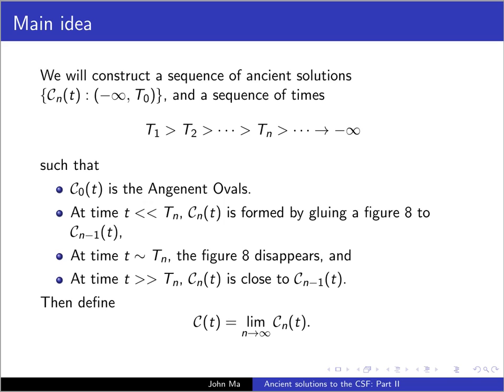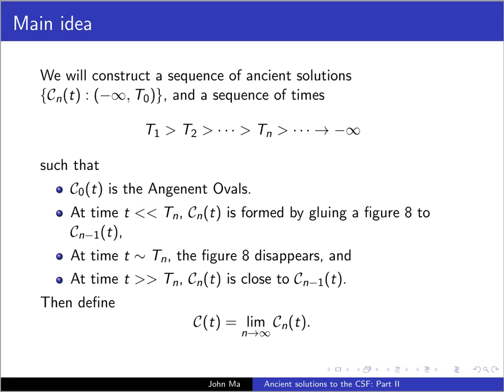And then at the time around capital Tn, that new figure 8 disappears, and we allow it to flow for another very long time, so that when t is much larger than capital Tn, then Cn of t is very close to Cn minus 1 of t. Once we have constructed this sequence of Ancient solutions, then we'll take the limit, and the Ancient solution that we want to construct in the theorem is actually the limit of this sequence.